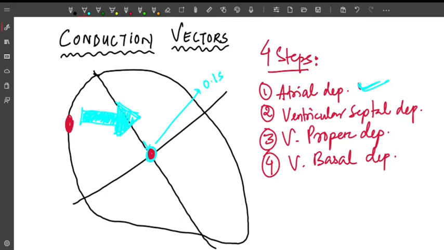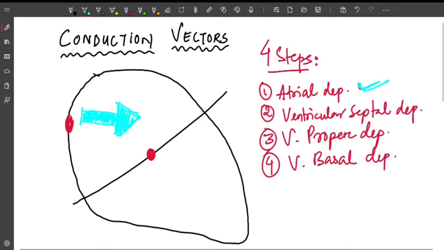So what happens now is that the impulse from the AVN reaches, let me draw a better septum here. Let me just broaden the septum so that you will be clear. This was the atrial septum, ventricular septum. I'm just making it big.